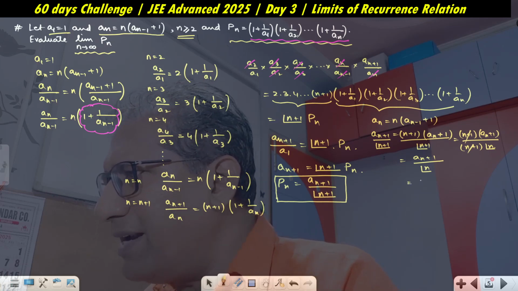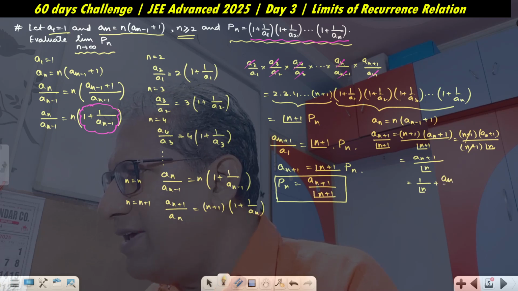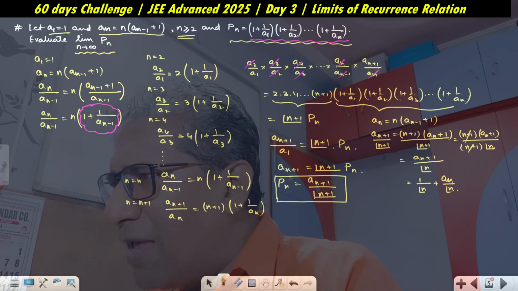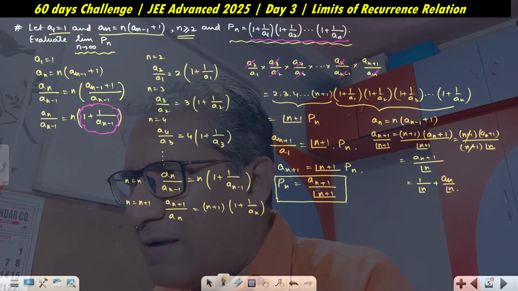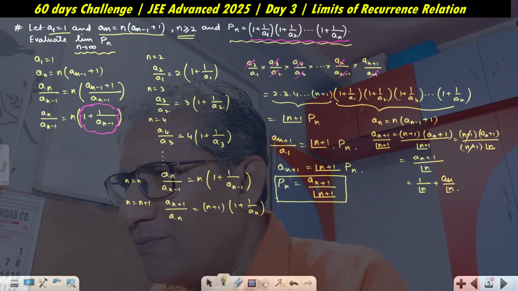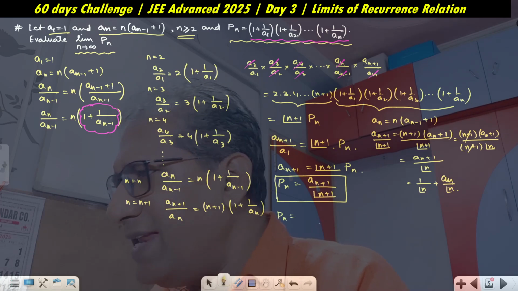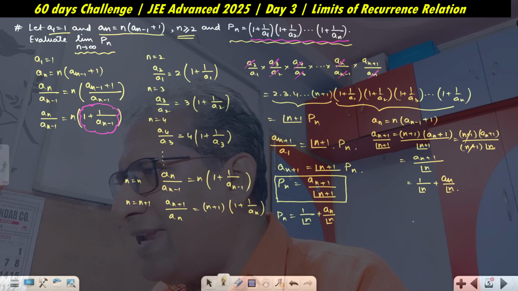So this can be written as 1 over factorial n plus an over factorial n. So an plus 1 by factorial n plus 1. Let me write it here. So Pn is basically 1 over factorial n plus an over factorial n.